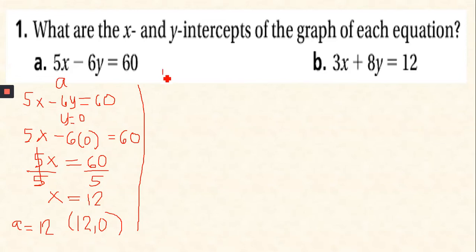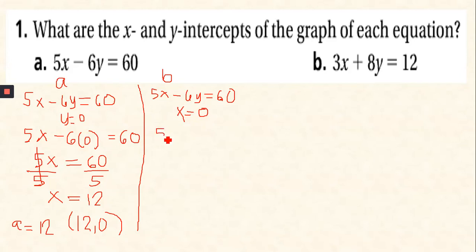Okay? This time, we now have your y-intercept. Do the same thing. 5x minus 6y is equal to 60. Okay? In looking for your y-intercept, your x should be equal to 0.